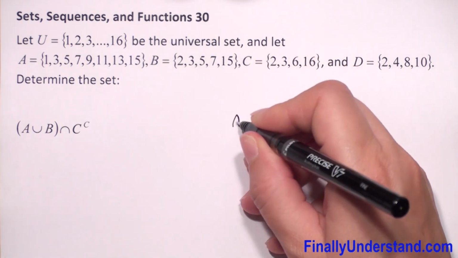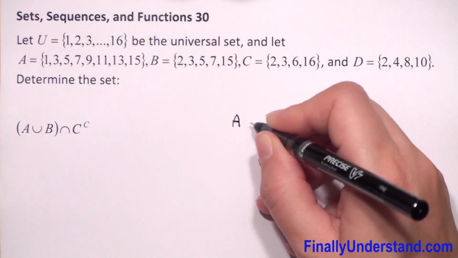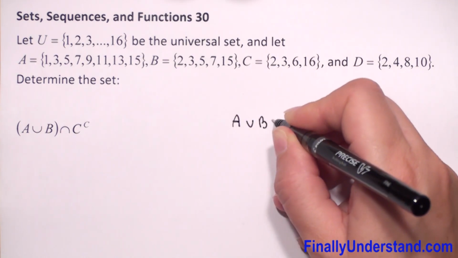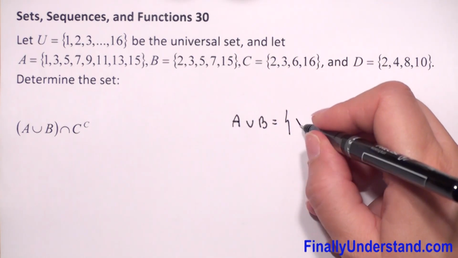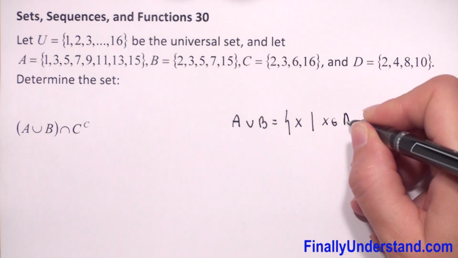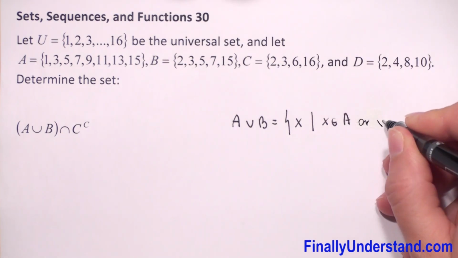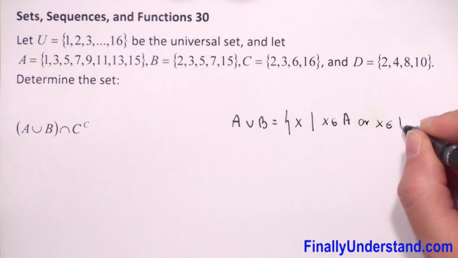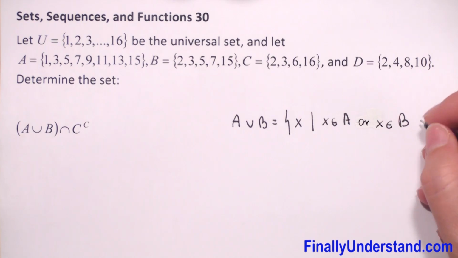When we have union of sets A and B, this is all x such that x belongs to A or x belongs to B or to both.